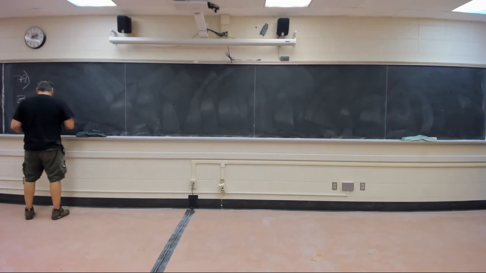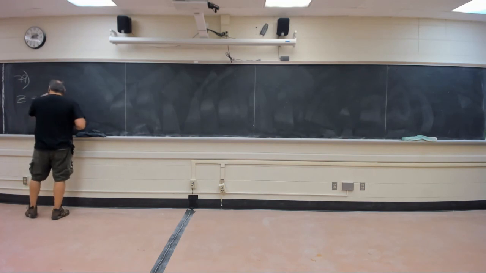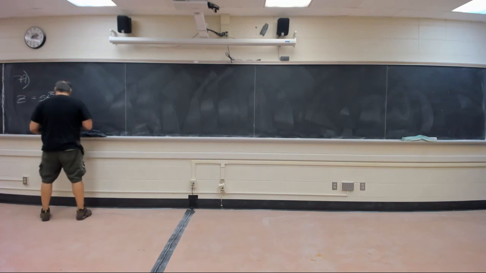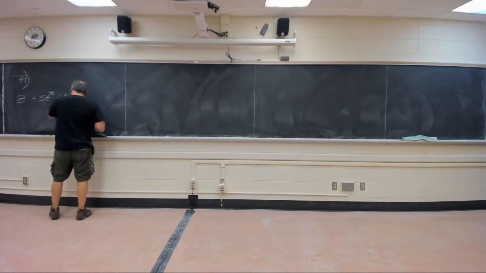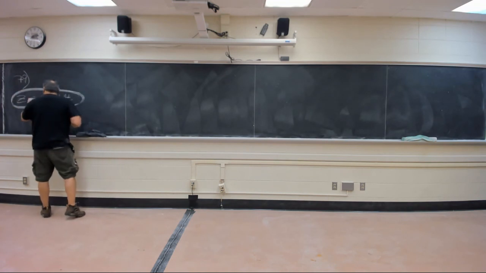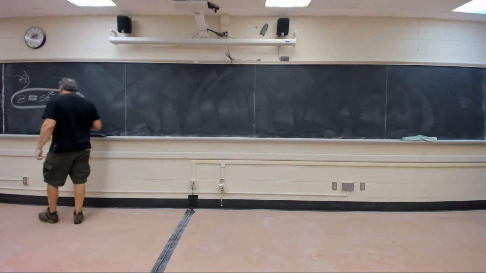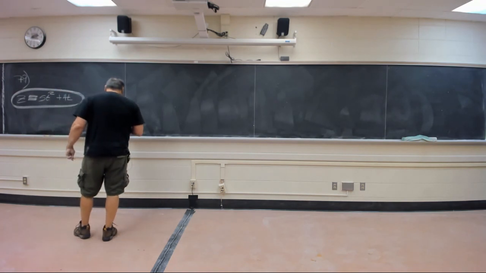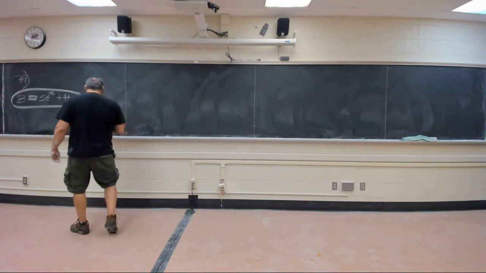So 79, z equals 5t squared plus 4t. There's a lot of ways we could play it. They're talking about everything in the z direction.